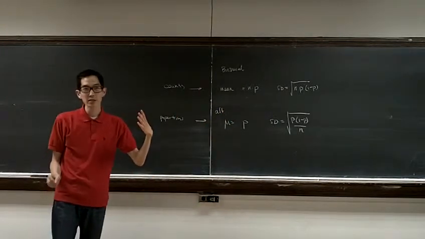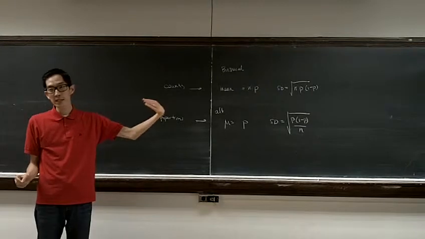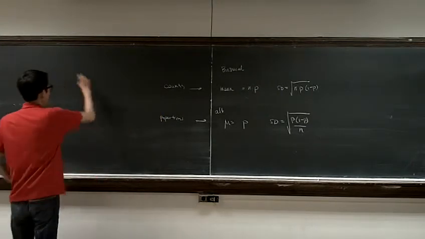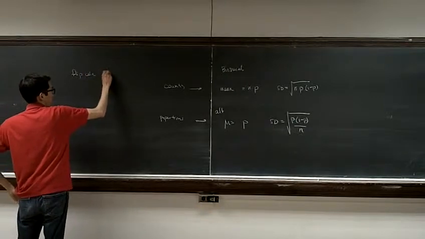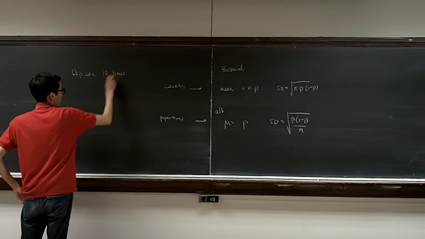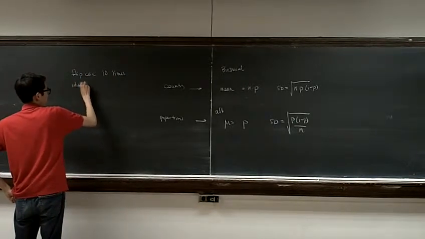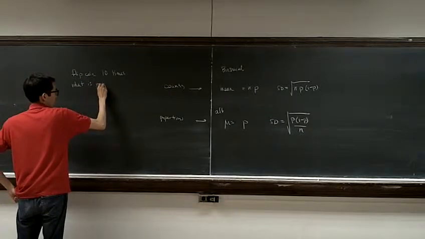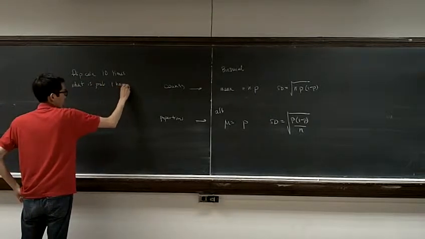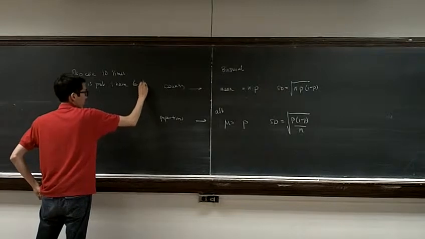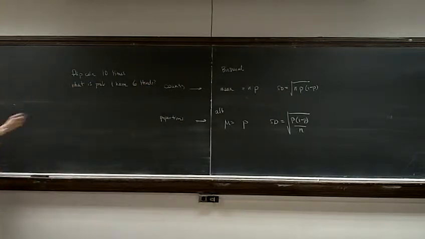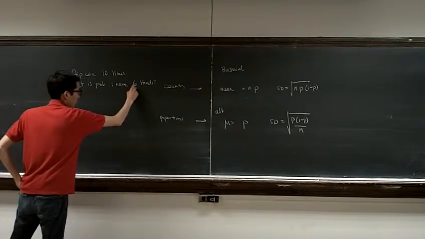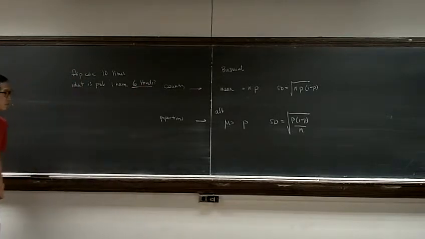Okay, I could say I flip a coin 10 times. Okay, what is the probability I have 6 heads? Okay, that's dealing with counts. We count how many heads we get.